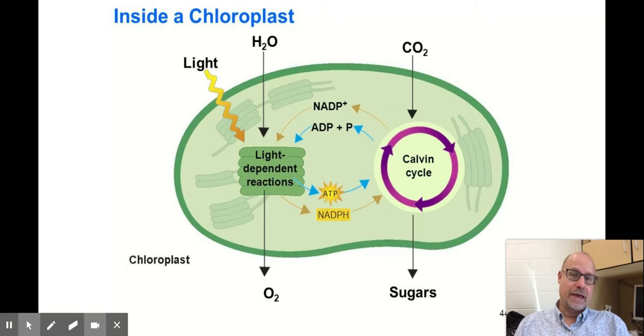The other thing it makes is NADPH. NADPH is also needed in the Calvin cycle to do the hard work. So basically what's going on in the light-dependent reaction is the chloroplast is creating what's needed to actually do the job of turning carbon dioxide into glucose.